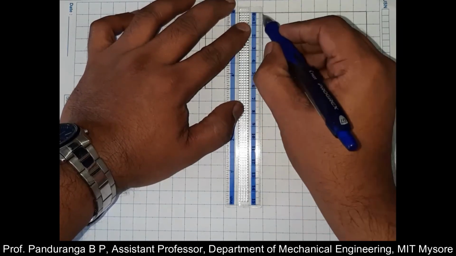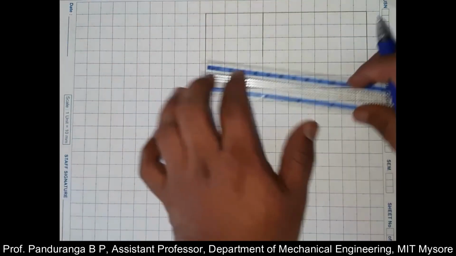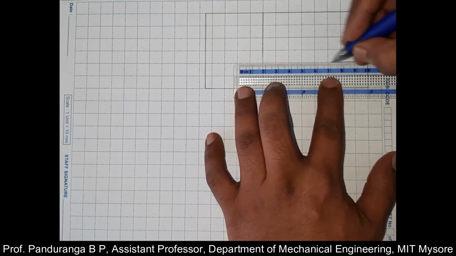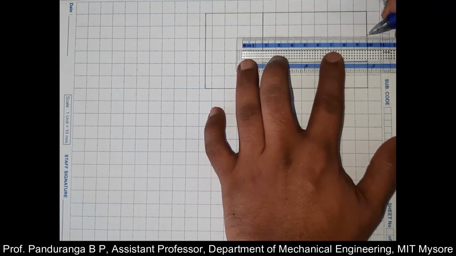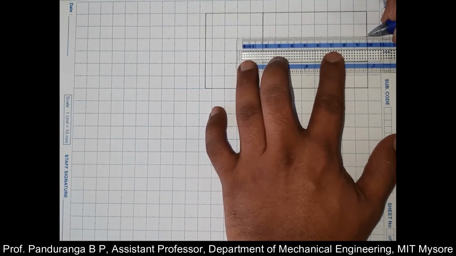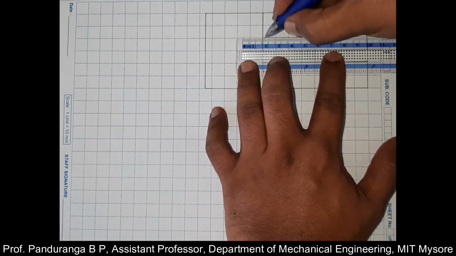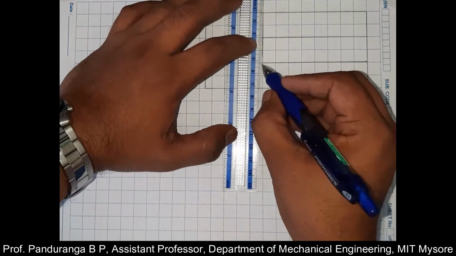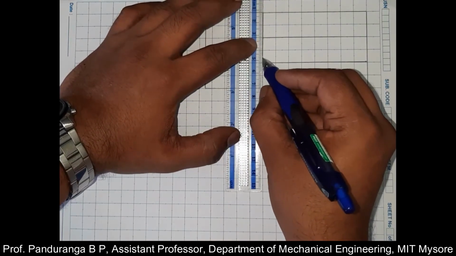So I'll draw a thick line here, and then here this is the end of surface F. So I'll draw one more thick line here, and here I have the edge between surface E and F. So I'll thicken that. Now we have completed the construction in the front view.